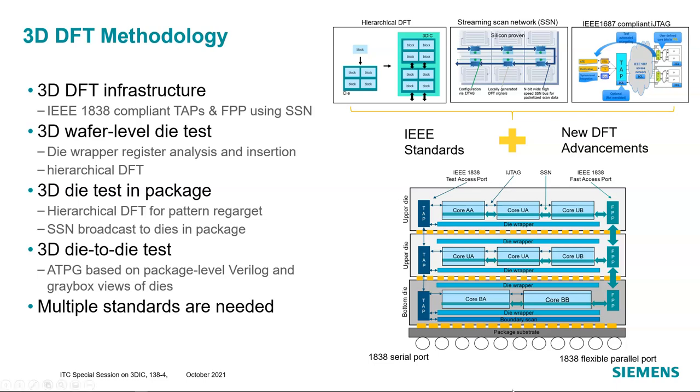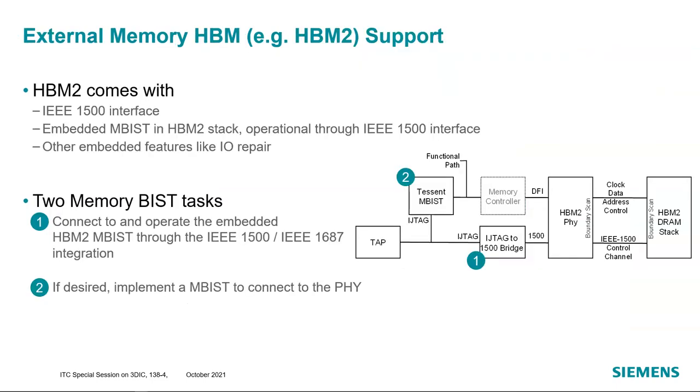From what I said before, a set of IEEE standards are required one way or the other to make a 3D IC DFT happen: IEEE 1838, 1687, 1149.1, 1149.6, and 1149.10. Another example is the external memory support utilizing HBM2, where its embedded IEEE 1500 protocol is integrated with the IEEE network on the base die.